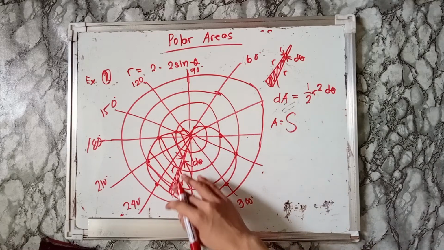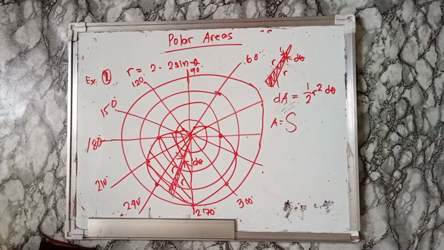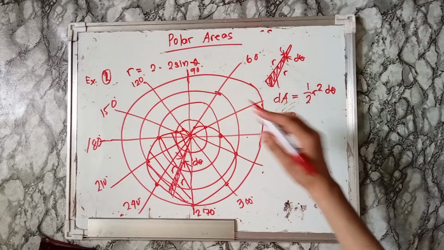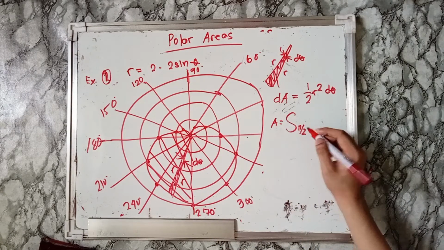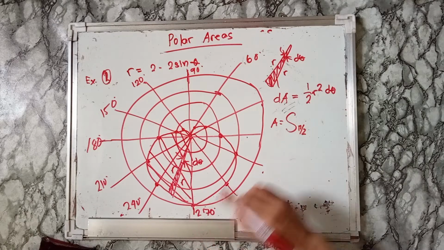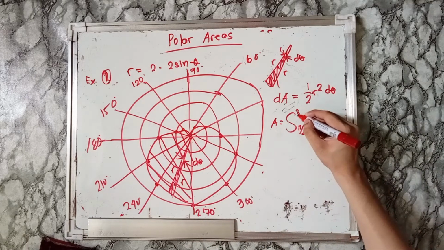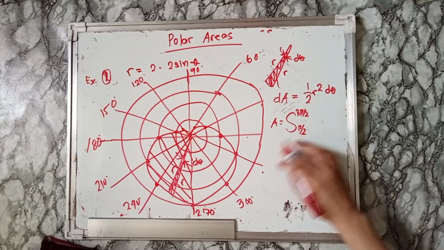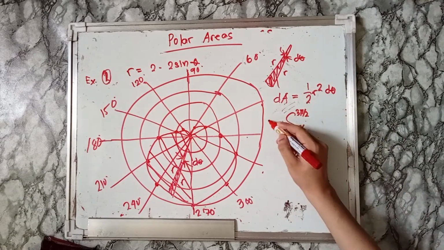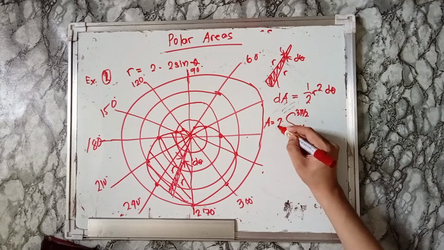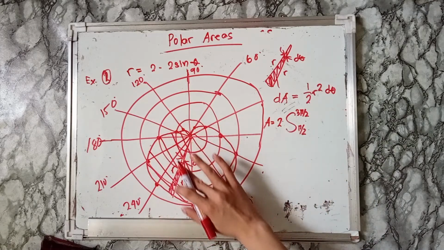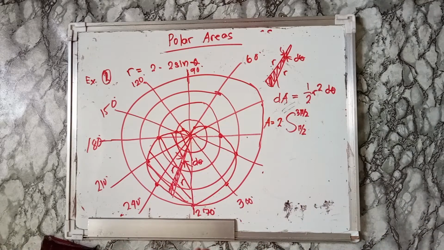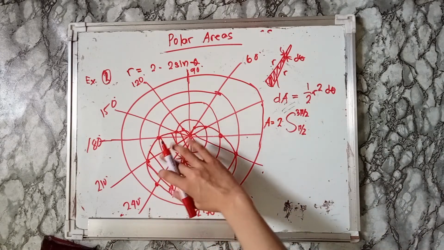To find our limits, this is just from 90 to 270, right? So 90 is pi over 2, so that is our limit, and 270 is 3 pi over 2. And of course, don't forget to multiply by 2, since this is just the part of the area that we cover.